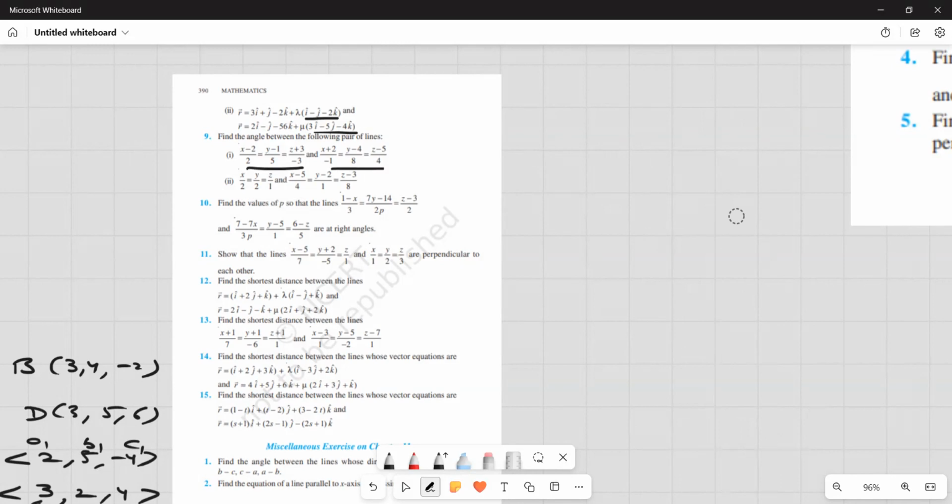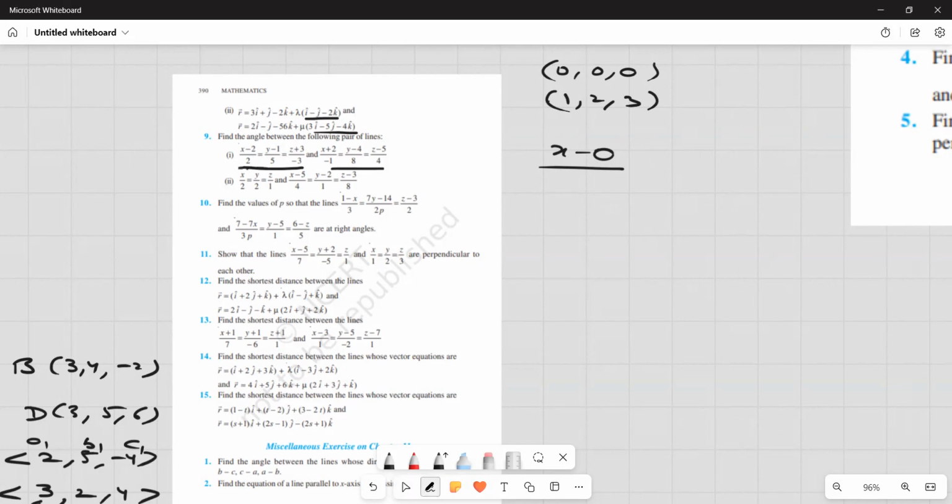Suppose they have given find the equation of the line which passes through the origin and the point 1, 2, 3. One point is 0, 0, 0. Another point is 1, 2, 3. Then it is compulsory for you to write x minus 0 over here. That shows that the line passes through the origin. If you take 1 point over here, then that doesn't mean that it is passing through the origin. Then need to check. Clear?